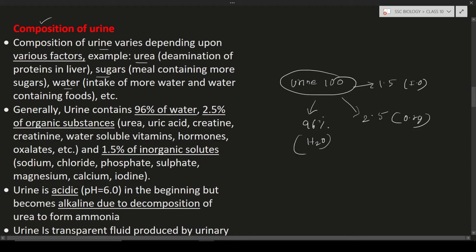So see here, the major proportion of the urine is water, 96 percent.